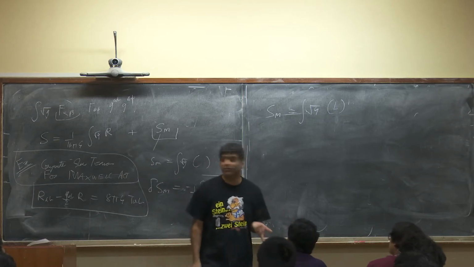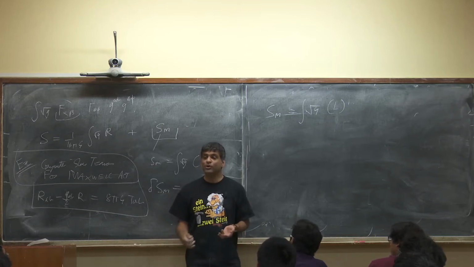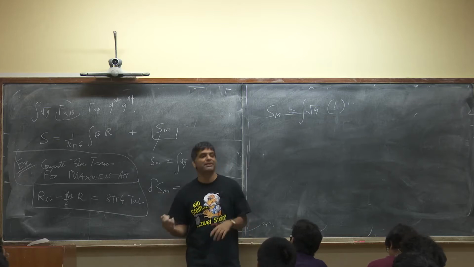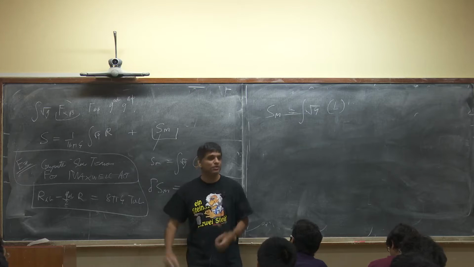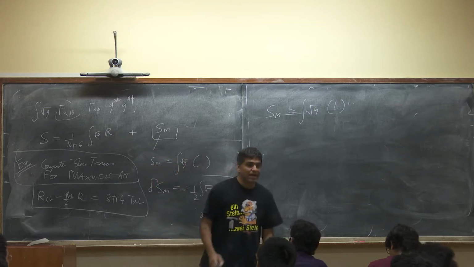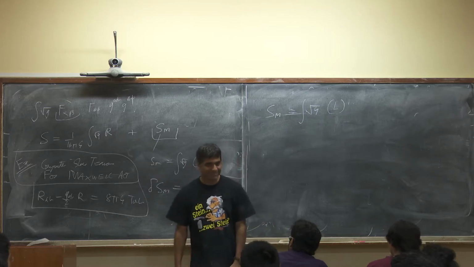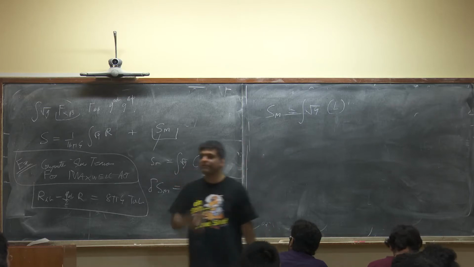The matter equations of motion was simply the statement that the change in the action due to an arbitrary variation of the matter fields is 0. Now under infinitesimal coordinate transformation, the matter fields transform by their Lie derivatives and the metric transforms by its Lie derivative.